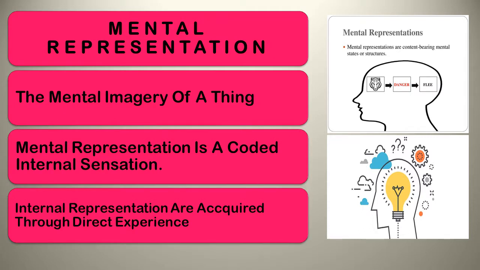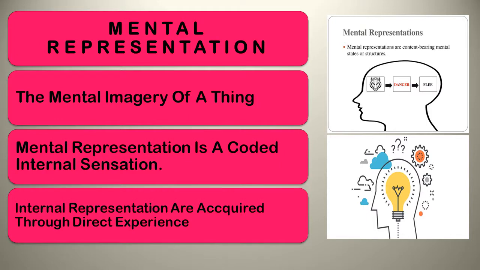Internal representations are acquired through direct experience, through sense organs, or through indirect experience, such as narration, picture, videos, etc. Internal representations form the basis for all the cognitive processes. So, mental representation is a coded internal sensation acquired by direct experience through the sense organ or by indirect experience such as narration, picture, etc.